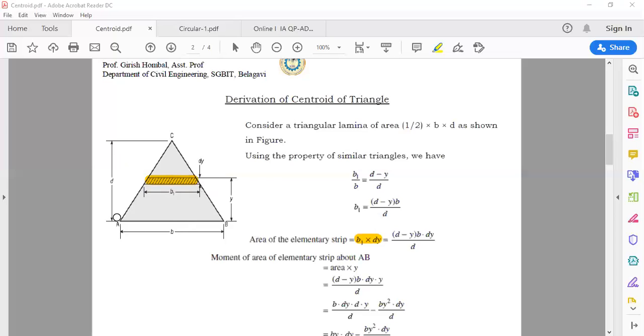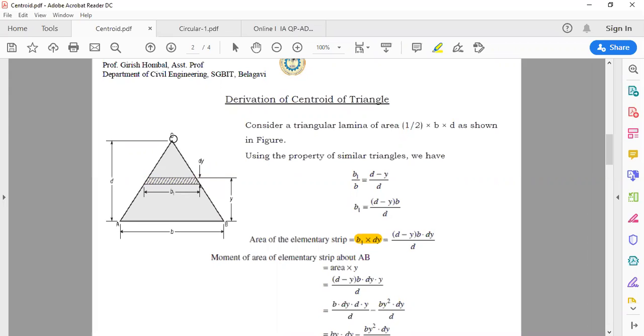Now, since there are two triangles, each triangle has width and depth. For ABC, width by depth, I repeat, width by depth, is B divided by D, which is equal to the small triangle CEF.